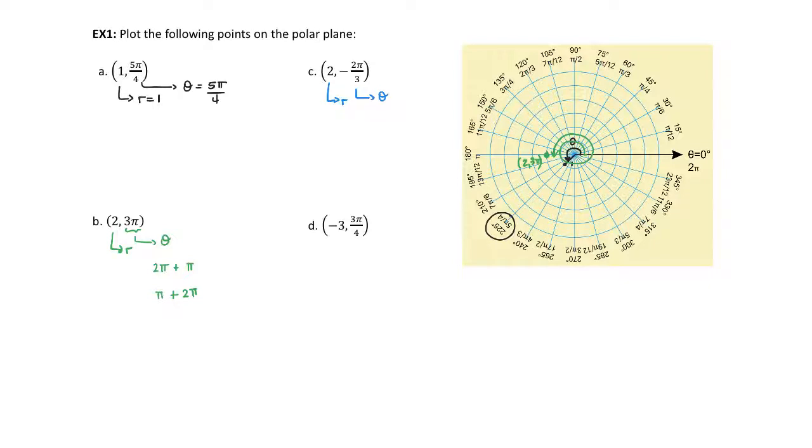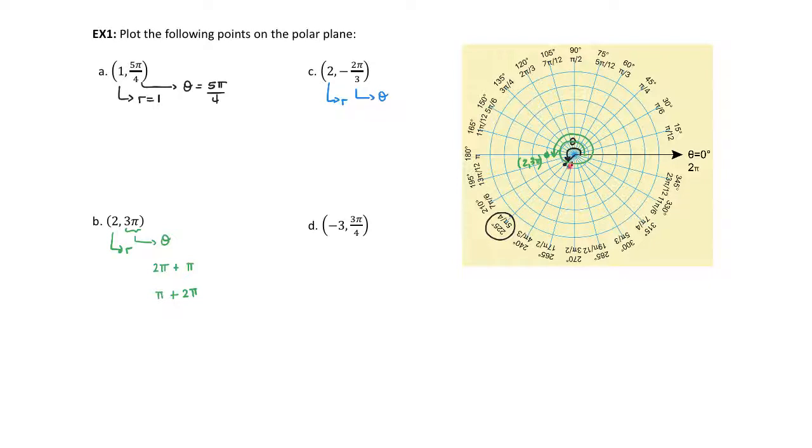We're going to go from the polar axis all the way to negative 2 pi over 3. Negative 2 pi over 3 is in degrees equivalent to negative 120 degrees. So remember that these radial lines are going by 15 degrees. That means that we have to go negative 90, and then we have to go 15 degrees, another 15 degrees, so 30 degrees, and that's how we're going to find negative 120 degrees.